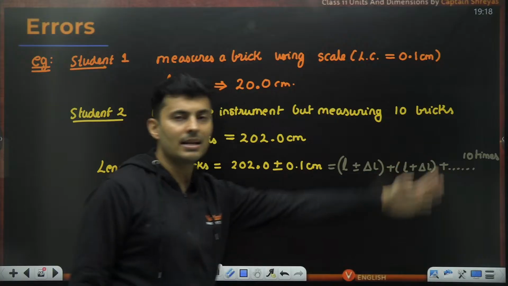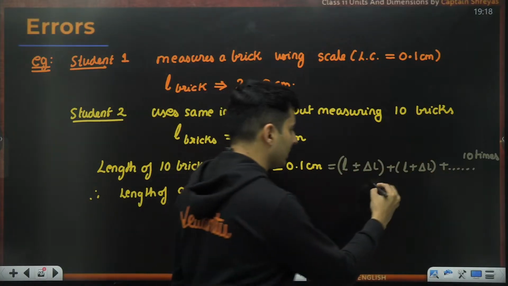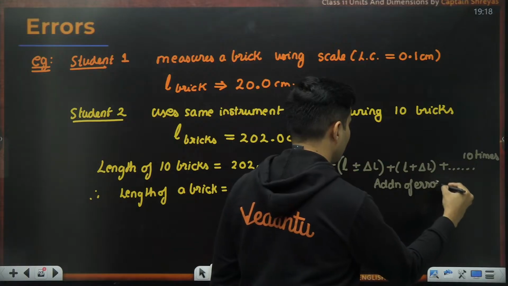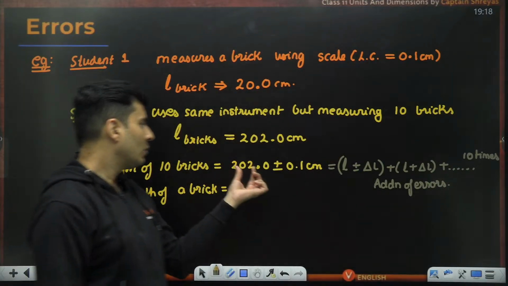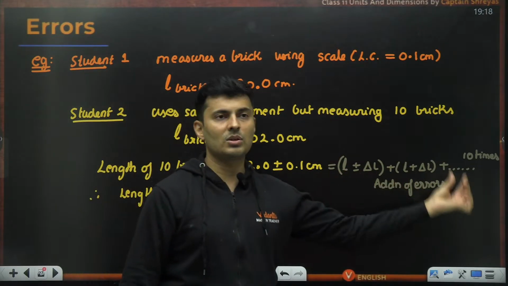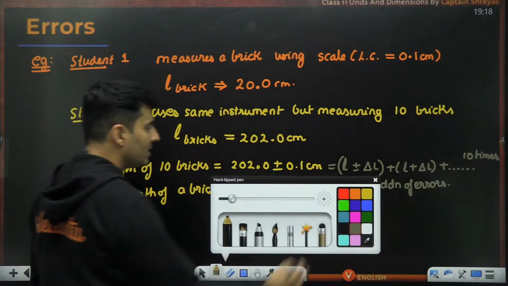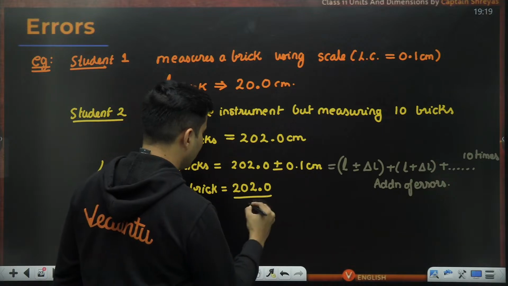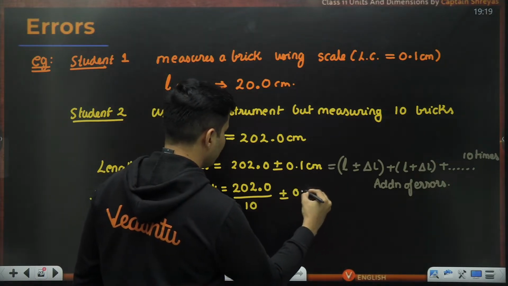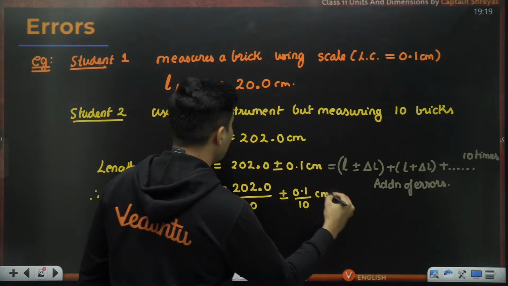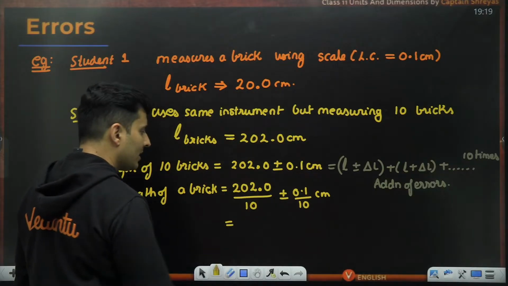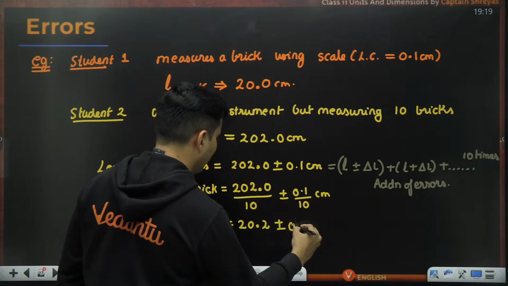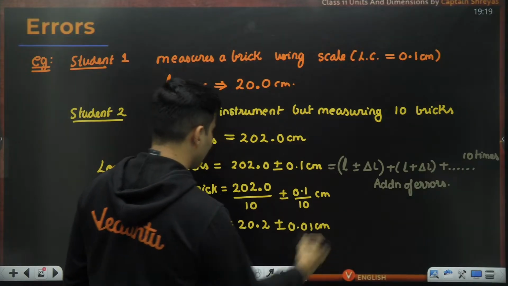It's basically addition of errors. 202, you got it by adding the lengths of each brick. So this thing will be nothing but 202.0 divided by 10, plus minus 0.1 divided by 10 centimeters. This would be how much, guys? This will be 20.2 plus minus 0.01 centimeters.